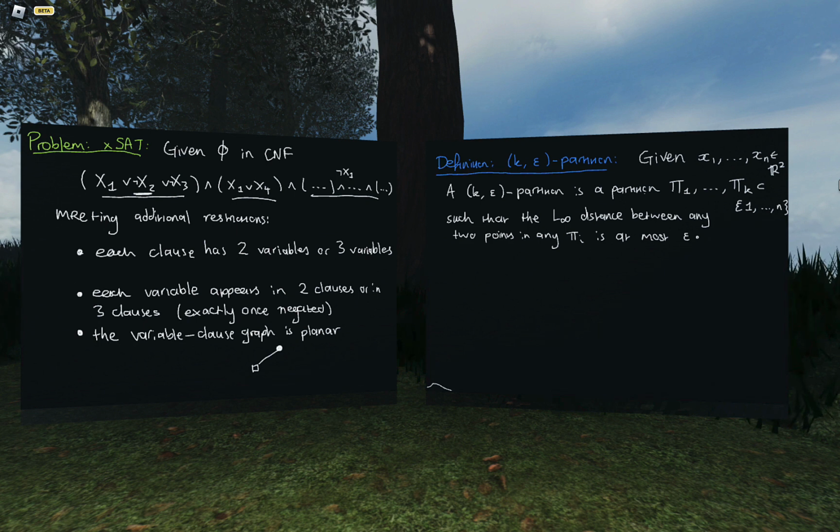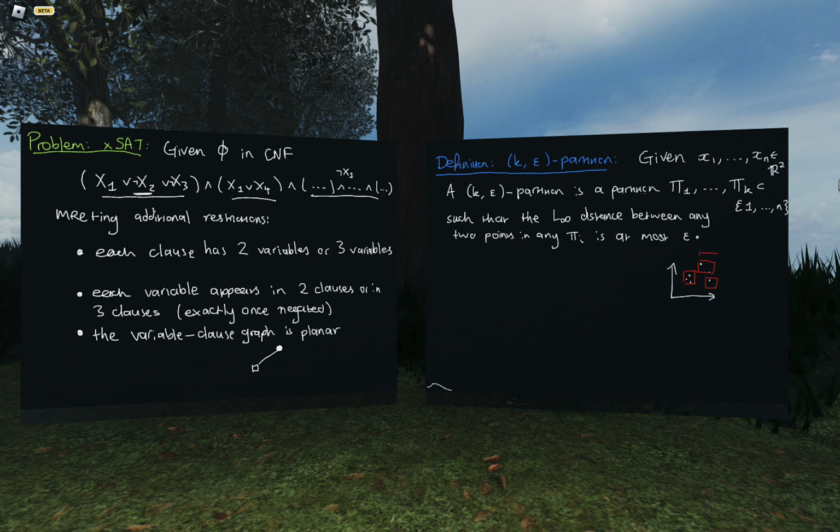So the example, just really quickly: you could take these points, and if you have a diameter epsilon that's enough to fit these ones, maybe this one has to be in its own group, or you could perhaps decide to partition them slightly differently if the distance works out so that you could fit these two together.